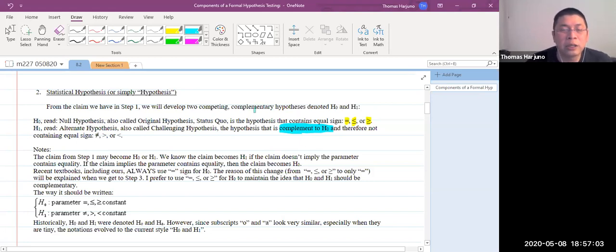You will see that these signs are complements in that order. Try to notice this. If the null hypothesis uses an equal sign, then the complement hypothesis will use not equal. If the null hypothesis uses a less than or equal sign, then the complement will be greater than, without the equal sign.